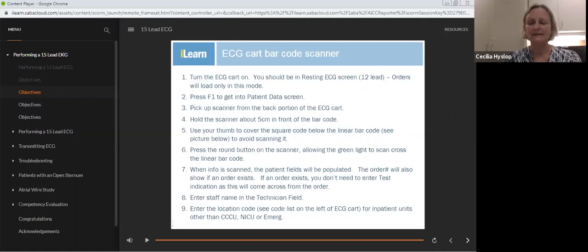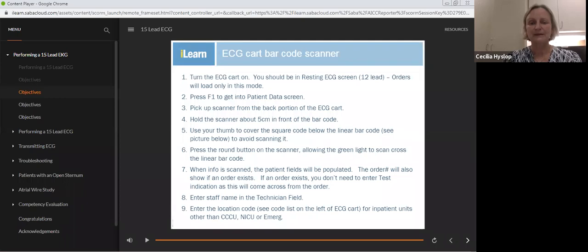And that's where the ECG technologists and also the cardiologists or intensivists review the 15 leads. So although they may be reviewed at the bedside, they receive a final review to make sure that the information is correct going into the patient's chart.